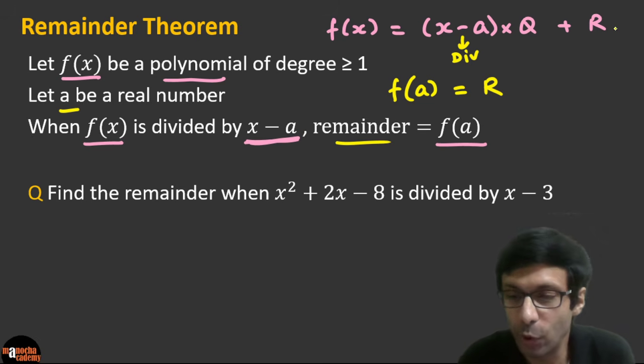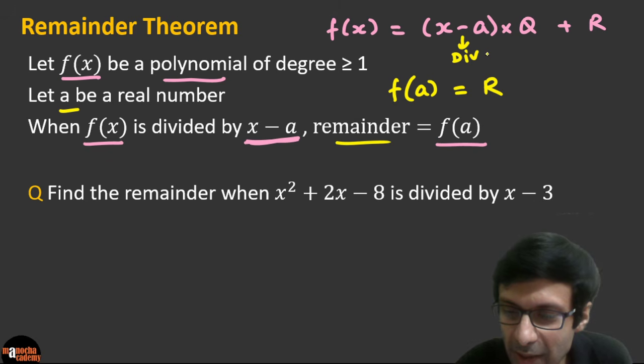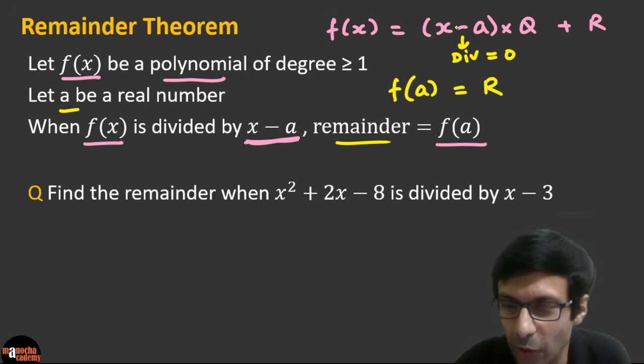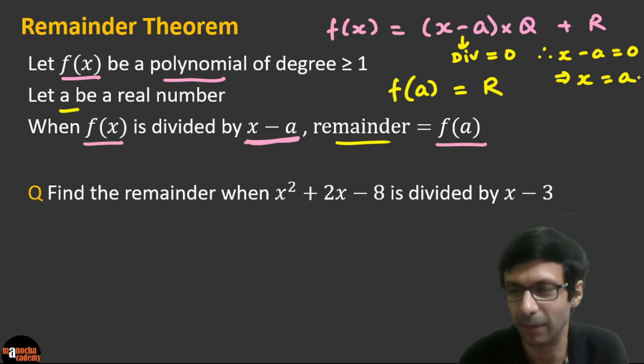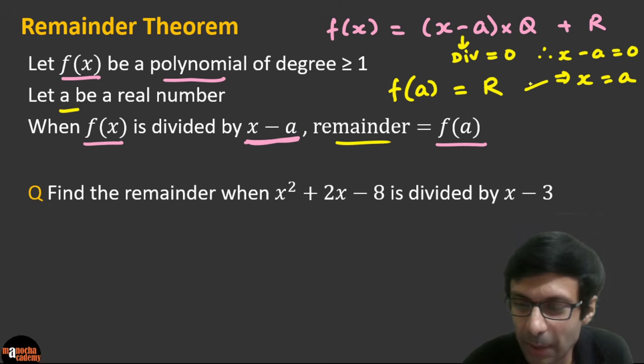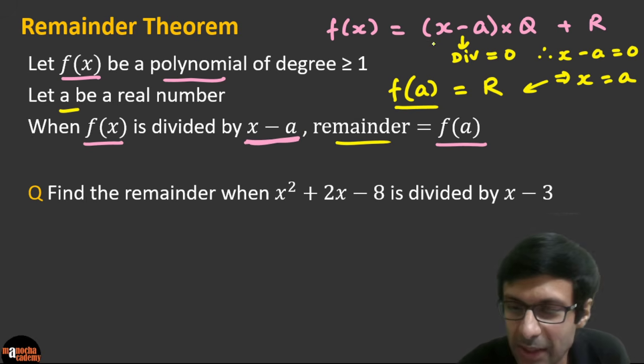And now when you want to find the remainder without dividing, you can set this divisor equal to 0. That means x minus a is equal to 0, or x equal to a. So we basically substitute x equal to a in our polynomial. So we get f(a) is equal to the remainder, because this entire term is going to get cancelled.